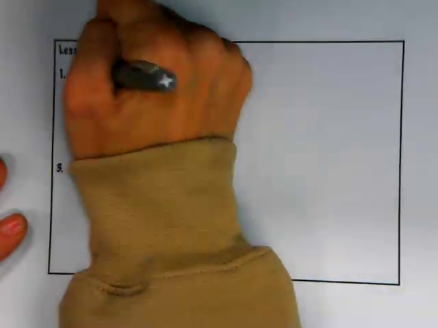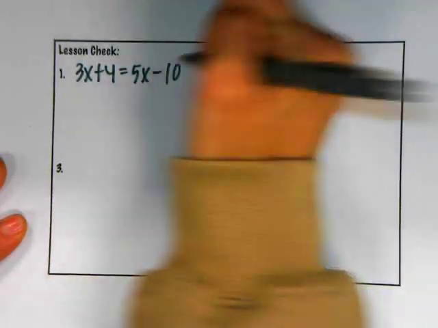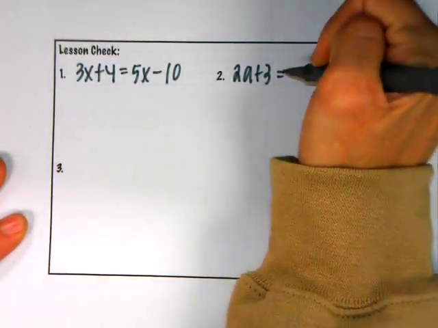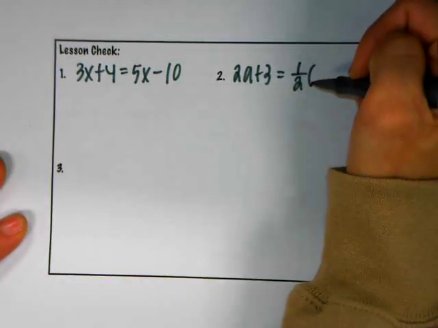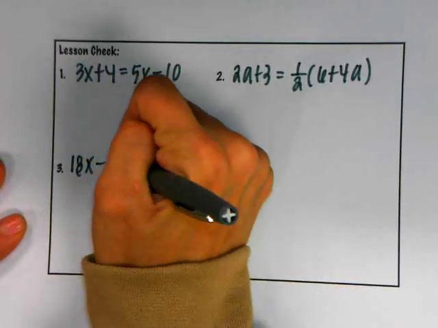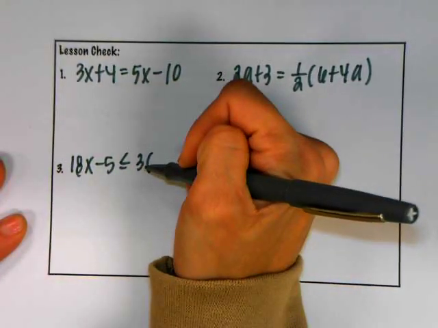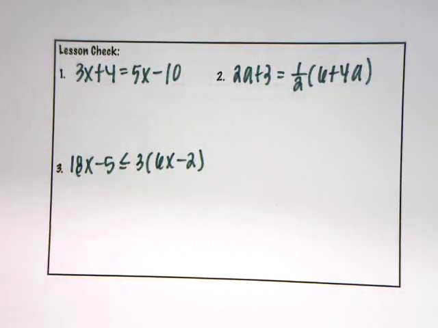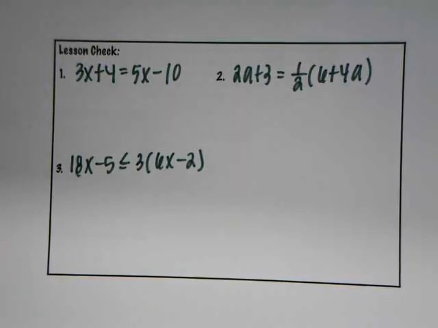Alright, so number 1, 3x plus 4. Okay, there's those. So put those answers up in a minute.